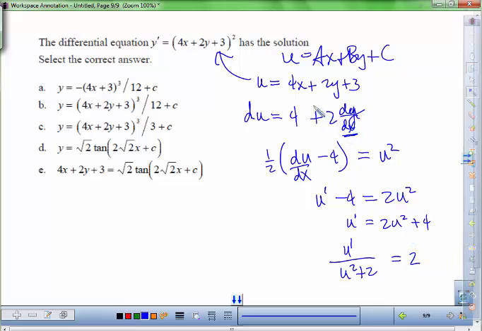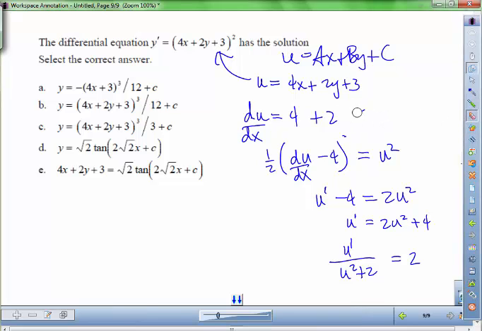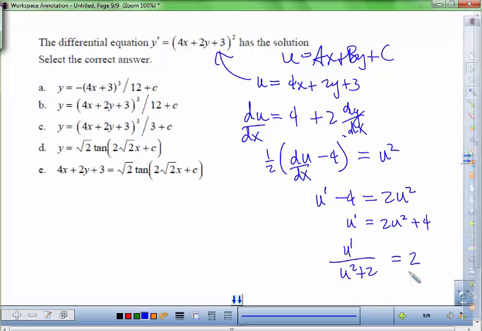With respect to x, sorry, this is with respect to x. So this is a separable differential equation. It's already separated. You might need to use some trig substitution with a tangent in it. I don't know.